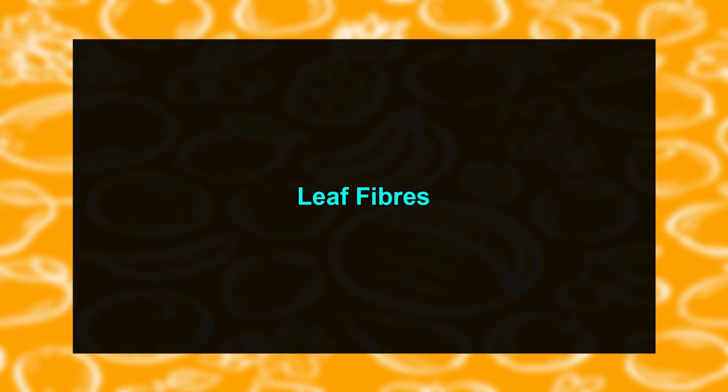There are many potential specific utilization possibilities for kenaf, whole stalk and outer bast fibers, including paper products, textiles, composites, building materials and absorbents. Now let us talk about another class, that is leaf fibers.